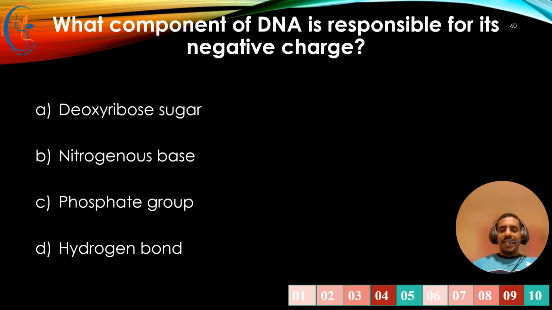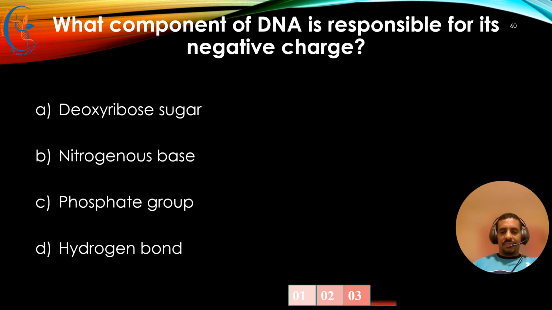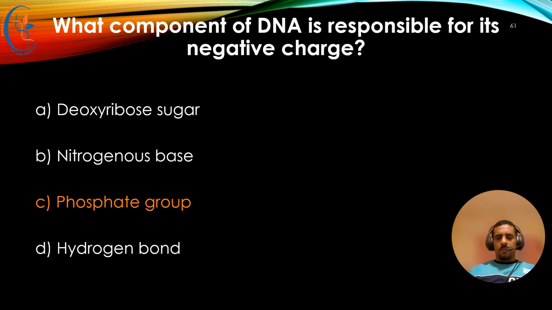What component of DNA is responsible for the negative charge of DNA? 10 seconds. All right. So the correct answer is the phosphate group. DNA is composed of nucleotides, as I said earlier, consisting of the deoxyribose sugar, nitrogenous base, and phosphate group.